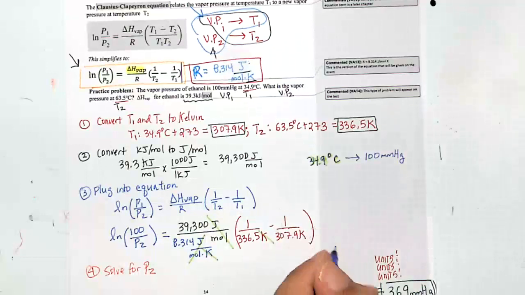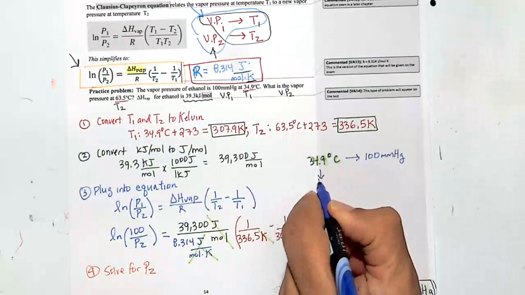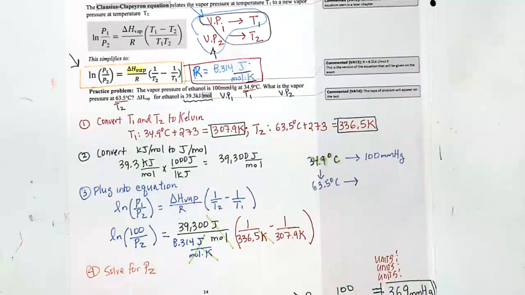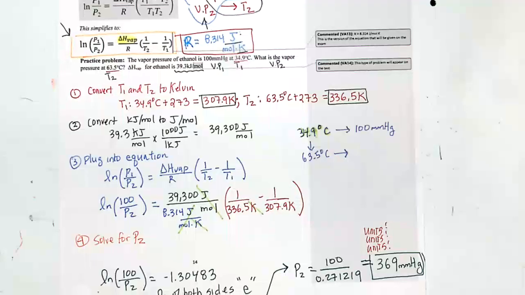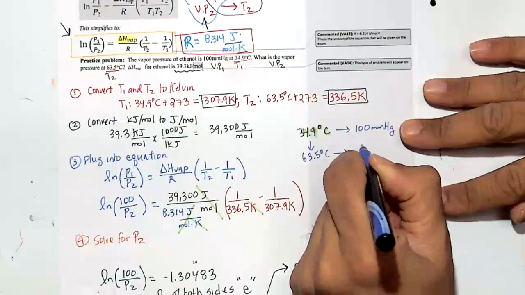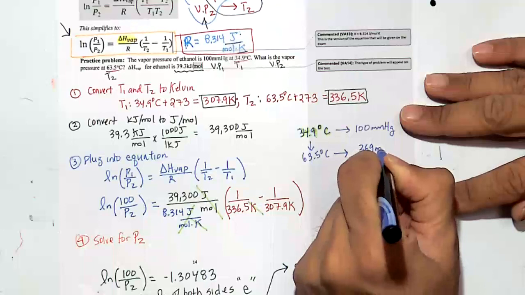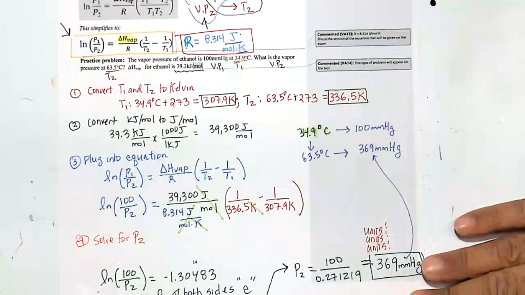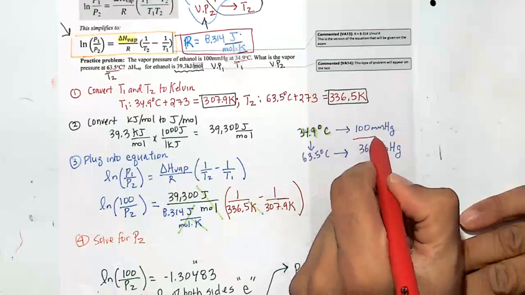In this problem, they raised the temperature to 63.5 degrees C. What is the new vapor pressure at this higher temperature? Which is our answer. So what does that tell you?